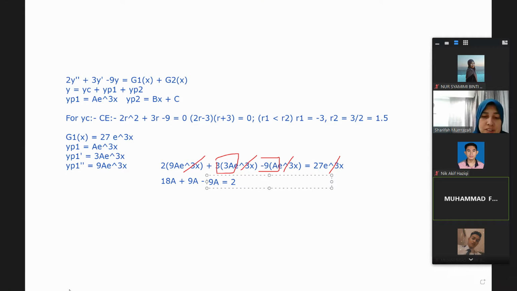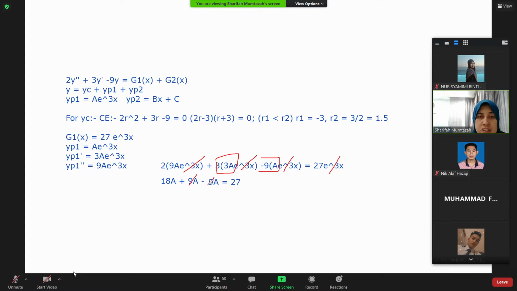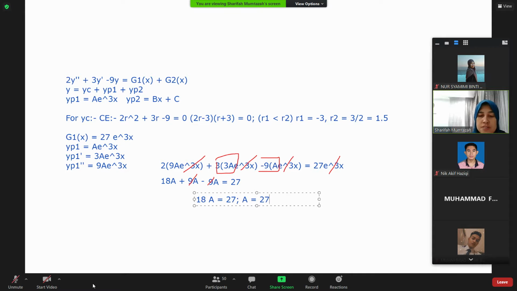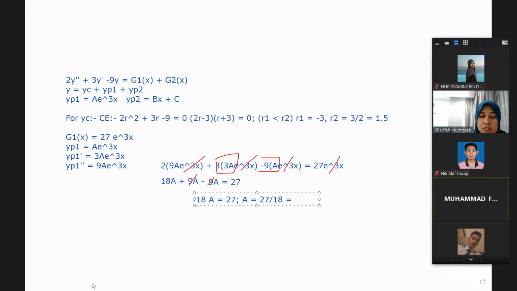So having said this, okay, this one cancel out each other, so you are left with what? 18A equal to 27. Therefore, A is equivalent to 27 over 18, which is 3 over 2, which is 1.5. Alright. Boleh? So this is your A.